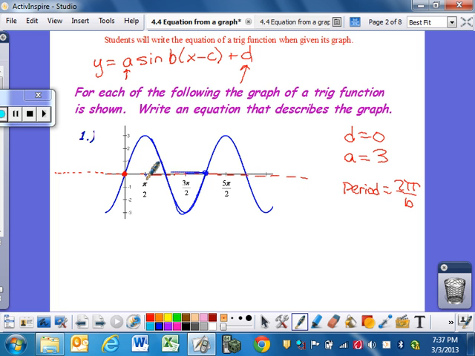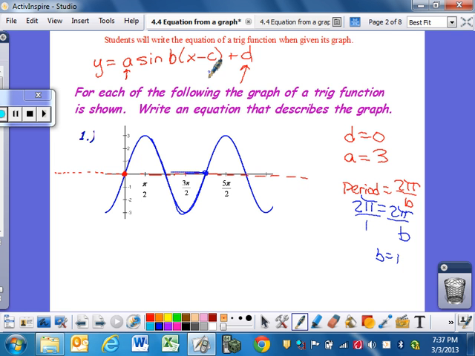Well, 1 pi over 2, 2 pi over 2, 3 pi over 2, 4 pi over 2, which reduces to 2 pi. So my period is 2 pi. What does that make my B value? Okay, you literally can set this up and cross multiply, and it ends up being that B in this case is equal to 1. Okay, so I know that I have my D is 0, my A is 3, my B is 1.